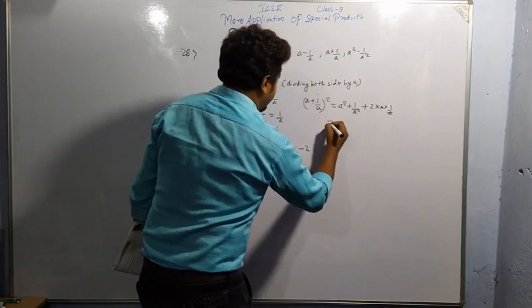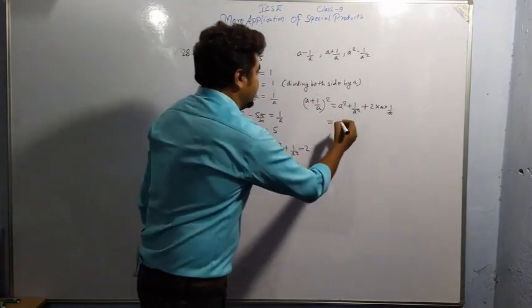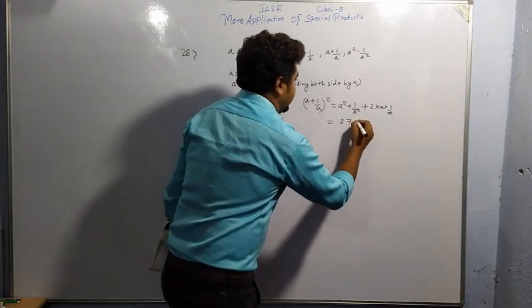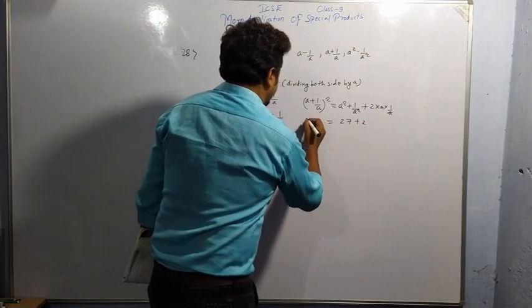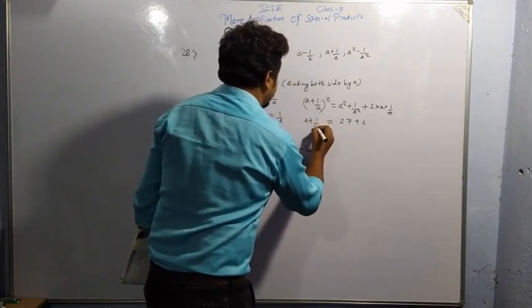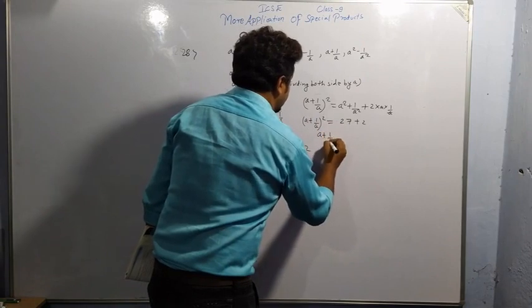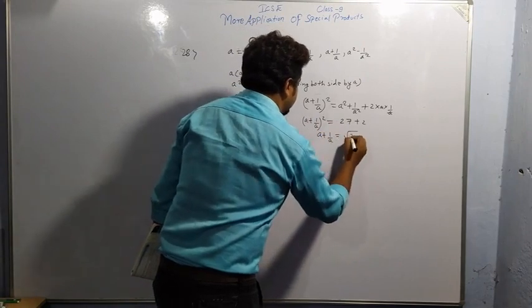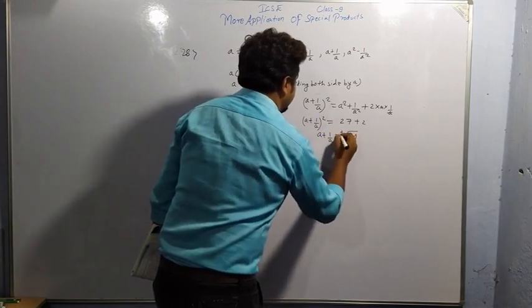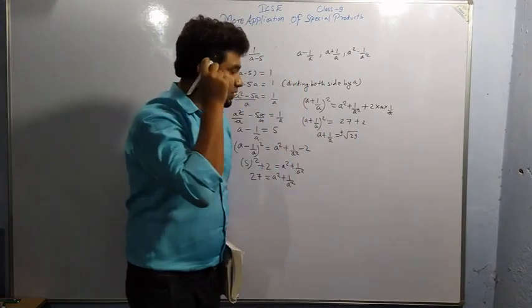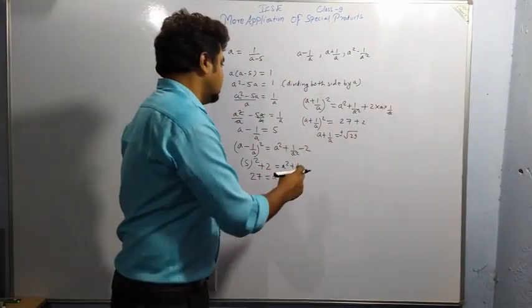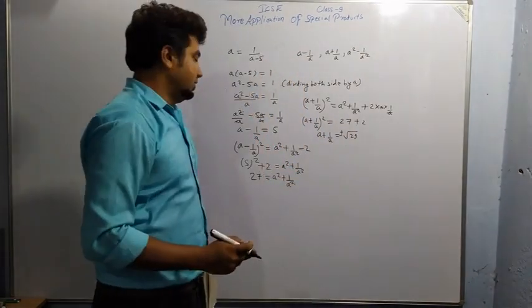So a square plus 1 by a square we know is 27, plus 2, which is 29. A plus 1 by a is equal to plus minus root 29.